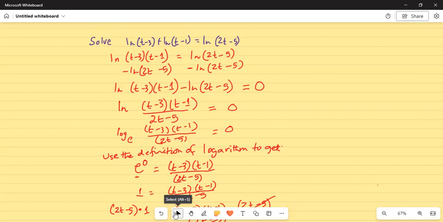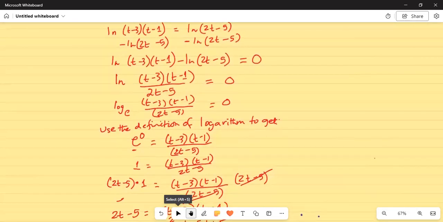Then I subtracted the term on the right-hand side from both sides. So I got ln of (t minus 3)(t minus 1) minus ln(2t minus 5). Now here I'll use another property, which is that a minus means a division: ln of (t minus 3)(t minus 1) divided by (2t minus 5). Now that is equal to 0.